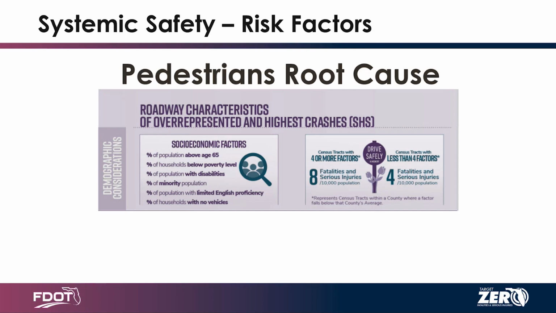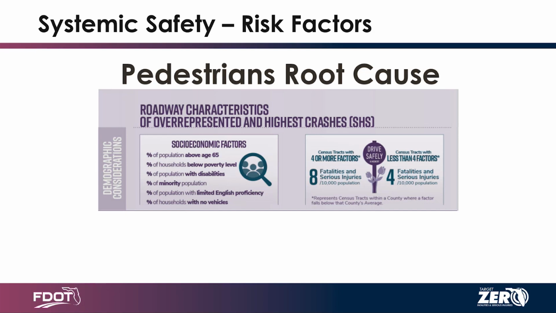And this is a data-driven analysis, right? Census tracts with 4 or more of those factors have twice as high rate per population of fatal and serious injuries than census tracts with under 4 of those factors.